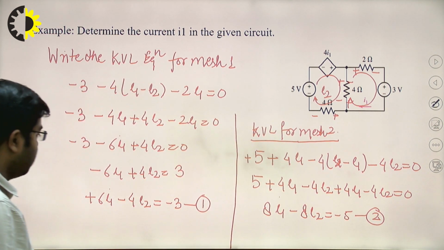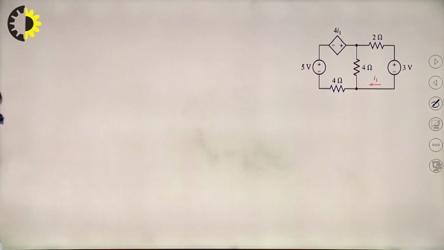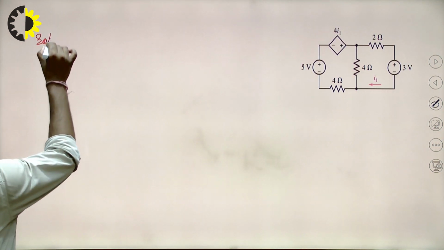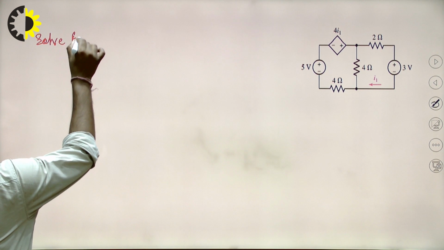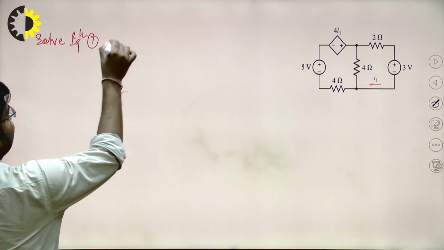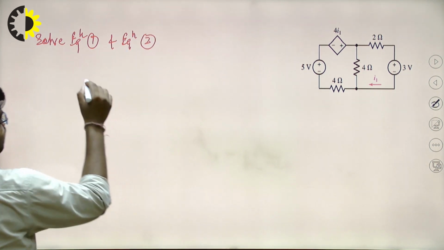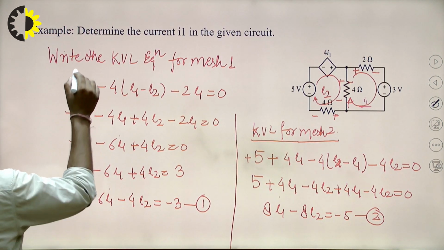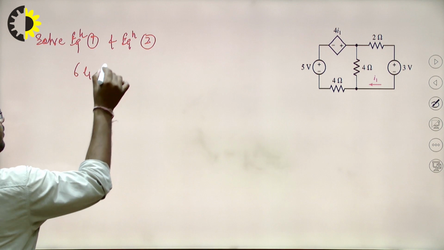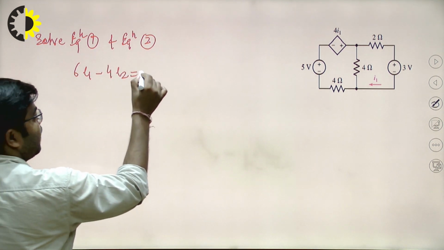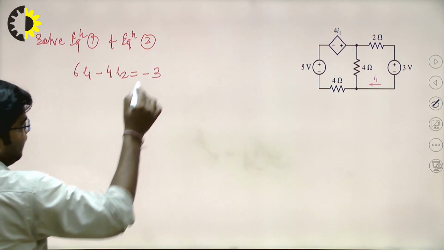Now solve equation number 1 and equation number 2. So you have 6 I1 minus 4 I2, that is equal to minus 3.